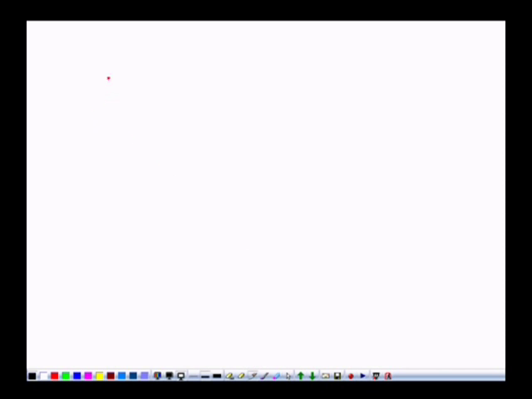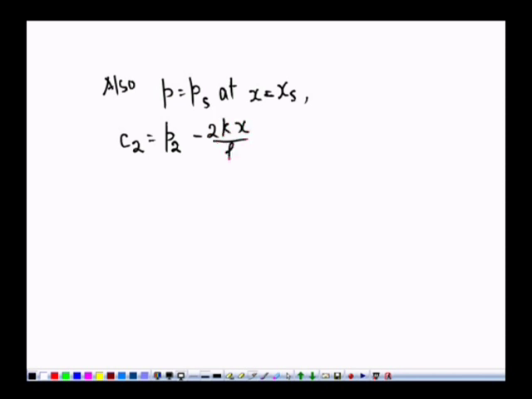Also, our P is equal to Ps at x equal to xs. Then this C2 will be equal to Ps minus twice k xs by h.